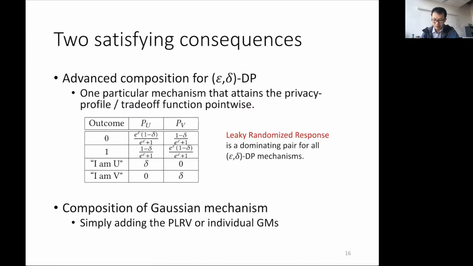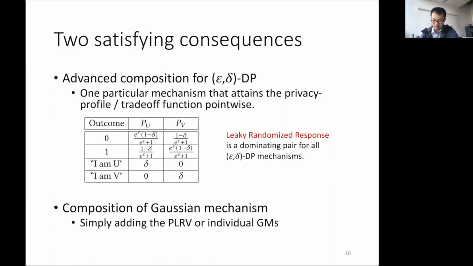The second satisfying consequence is about the Gaussian mechanism. Remember that we said that the privacy profile is very useful for deriving the exact calibration of the noise for the Gaussian mechanism to achieve any epsilon-delta DP, by just taking the difference of the CDFs of two standard normal random variables. But we also commented that it doesn't directly support composition.